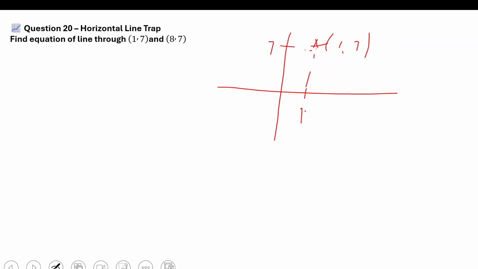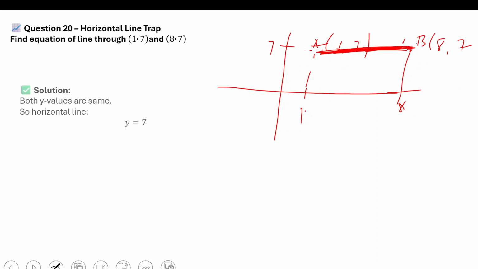So this is 1, and I go to 8 here, still 7. This is point B. So the line is just in between these two. So it's horizontal, right? So the equation, again, I don't have a slope, but I have y equal to 7, because it's just tracing to this side.